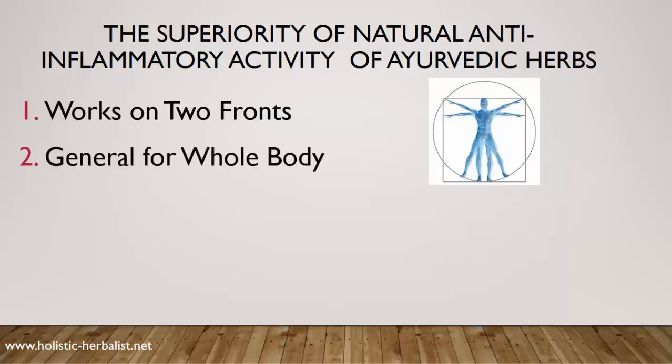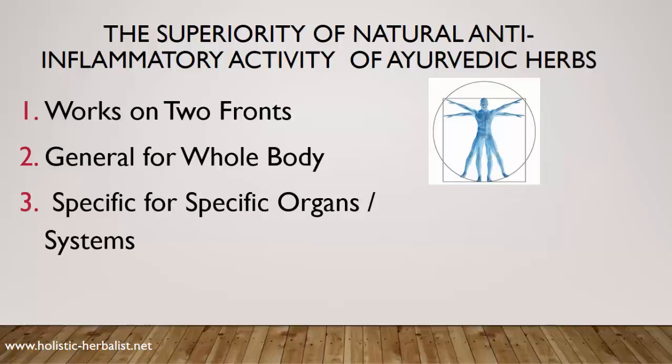They help the whole body, they help in general, like relieving the symptoms of inflammation. This part of the activity is just like NSAIDs or medical painkiller drugs. Actually, this is less, very insignificant compared to the NSAIDs. Then, Ayurvedic herbs could be very specific for a particular organ or organ system.